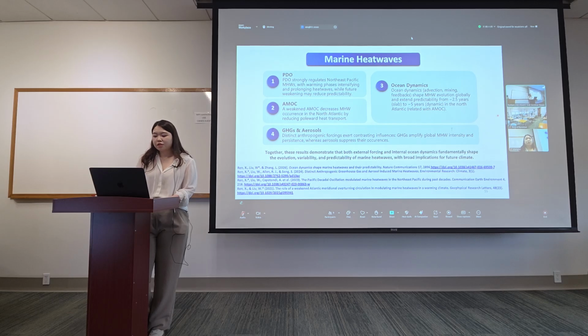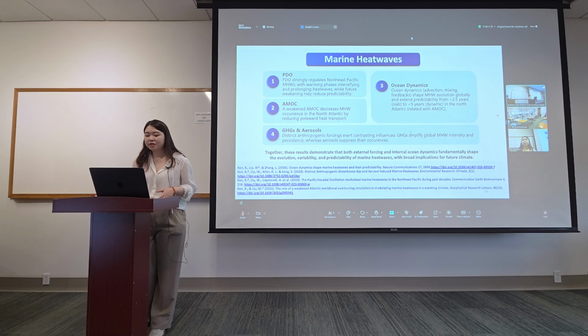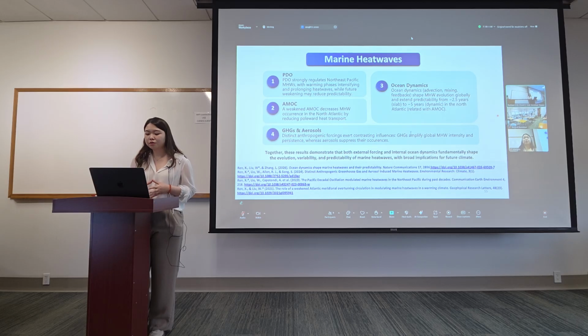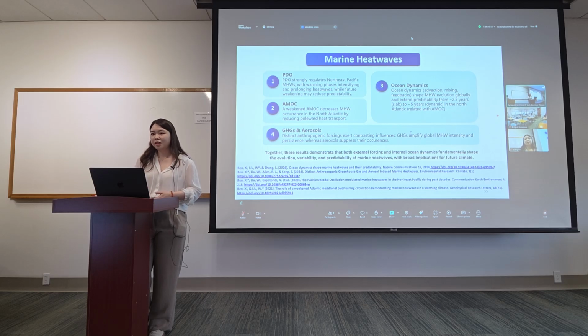All together, these findings show that external forcings, internal variability, and ocean dynamics all fundamentally control the evolution of the marine heat wave, and can also give some hints for the predictability skills. This has an important implication for anticipating future climatic extremes and guiding adaptation strategies for marine ecosystems and coastal communities.